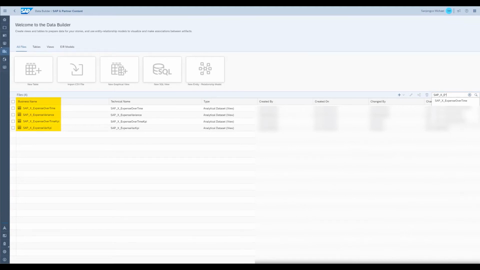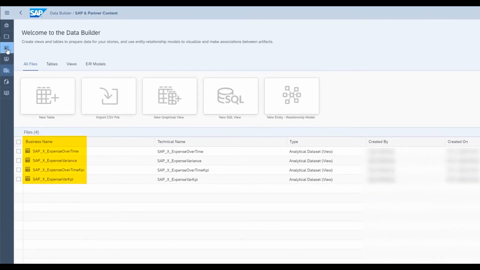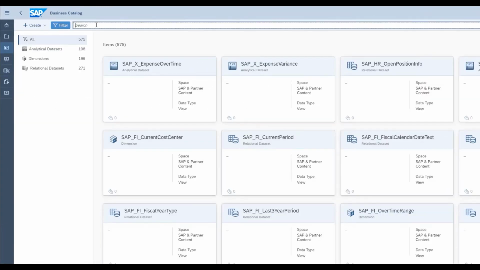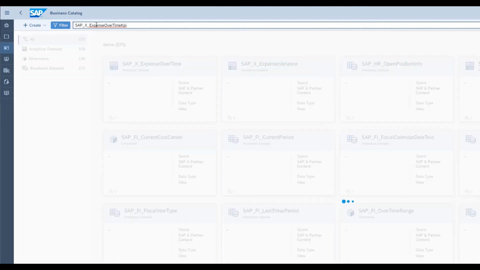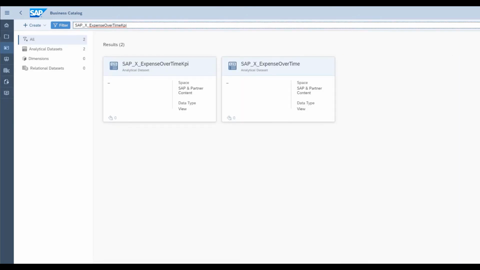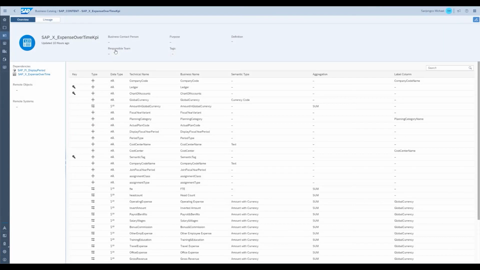Now let's look into the business catalog to see some details of one particular analytical dataset, namely SAP expense over time. You can see the fields of this specific analytical dataset model and which variables are used to calculate the key performance indicators, such as operating expense per FTE.